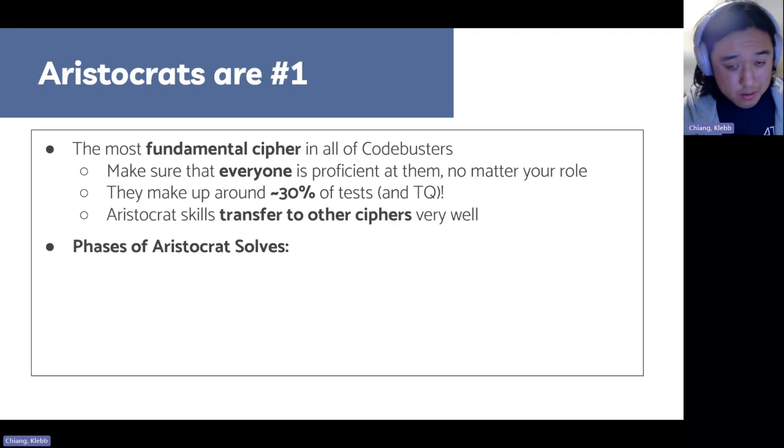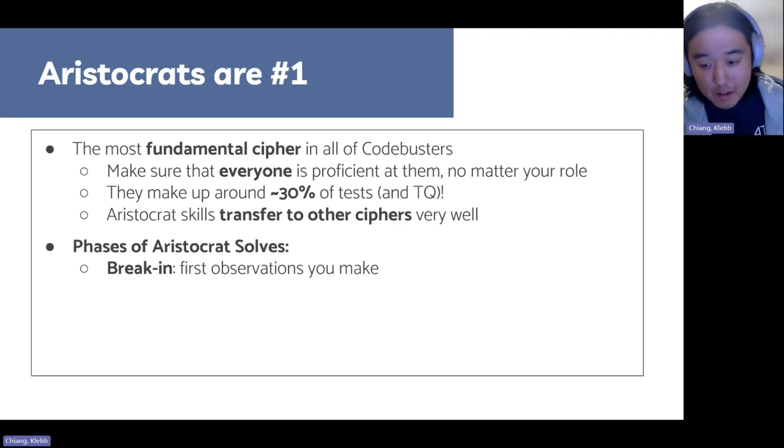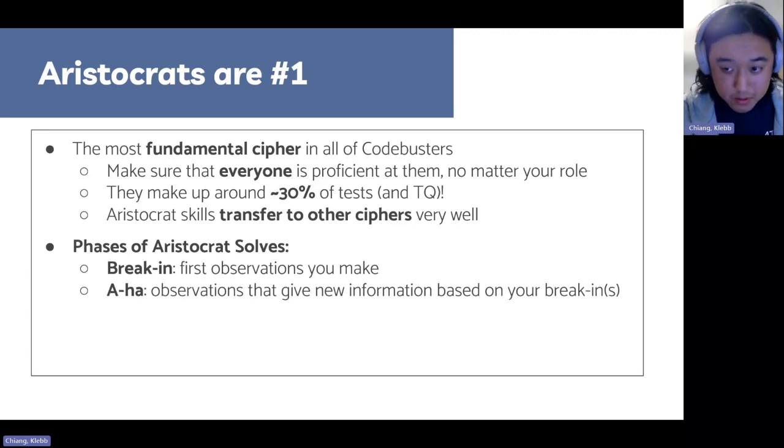So when we're solving an aristocrat, I tend to think of it in 3 phases. The first is the break-in. This is the first observation you make. Maybe it's a word or a specific couple of letters that you use to start your solve. Next is the aha moments, or the ahas, which are the observations you make based on your break-ins. These are also observations that give you lots of information all at once, and they're usually spread out throughout the ciphertext in different places.